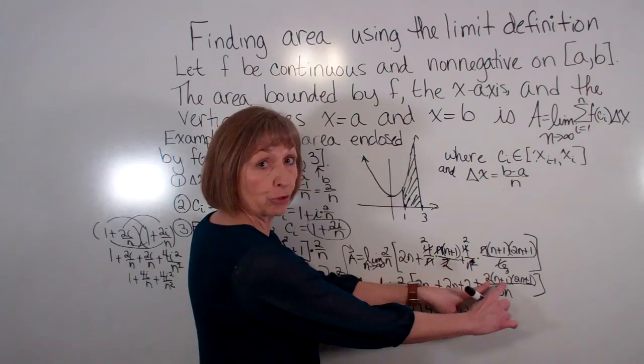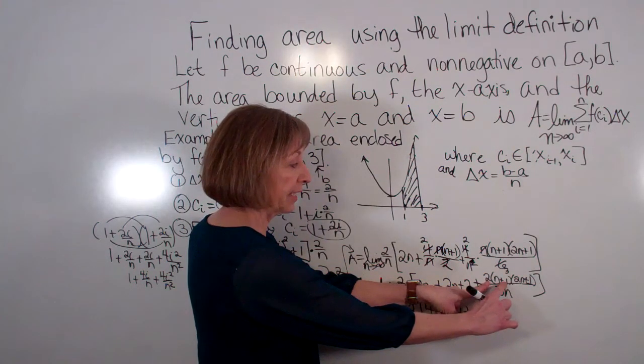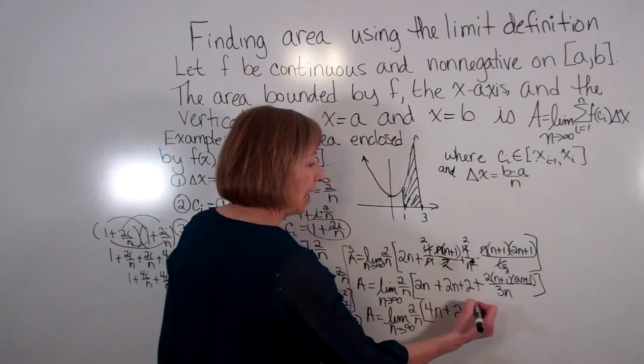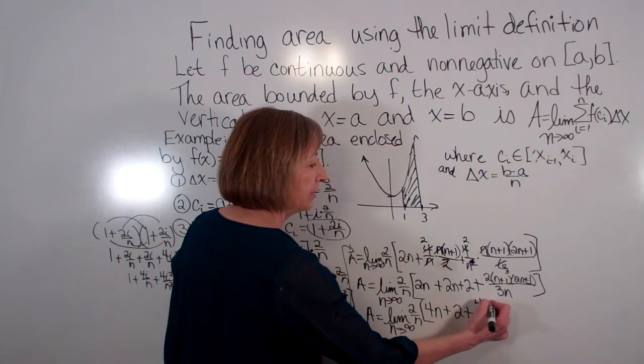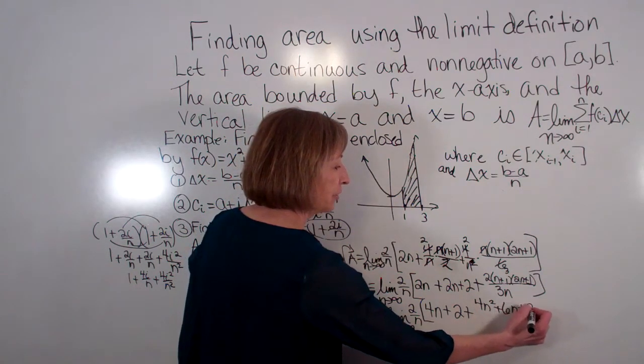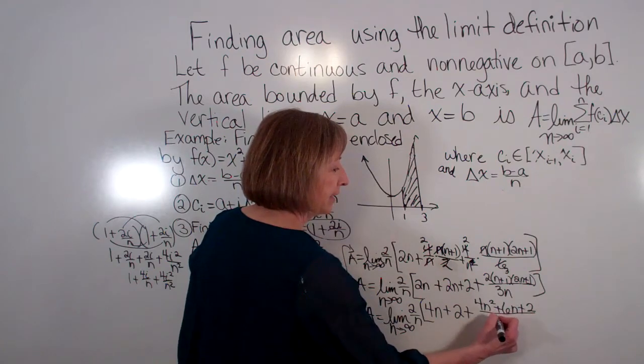And when I take 2n squared plus 3n plus 1 and multiply a 2 through, I'll have 4n squared plus 6n plus 2 all over my 3n.